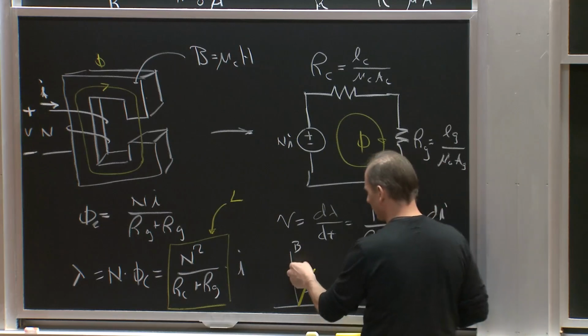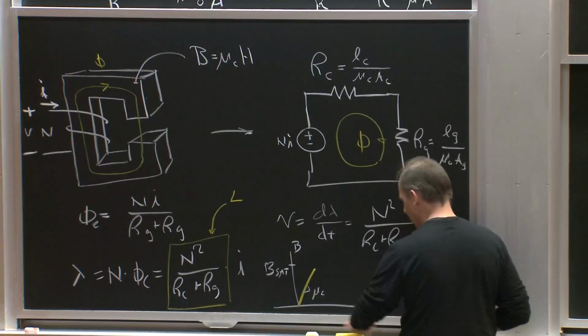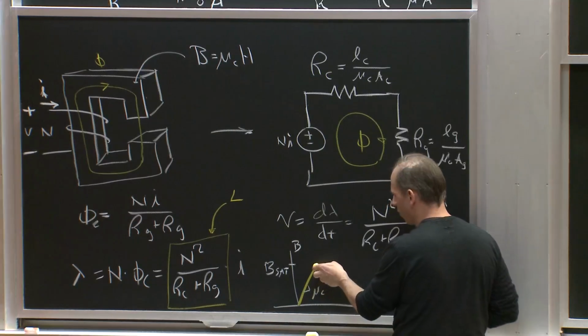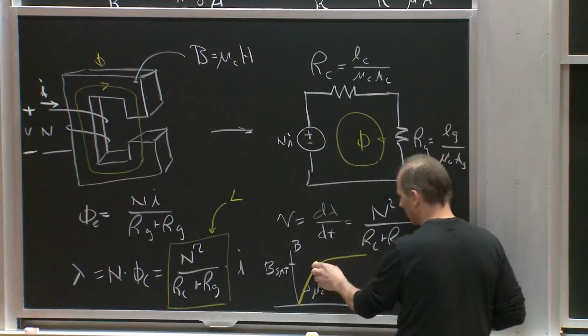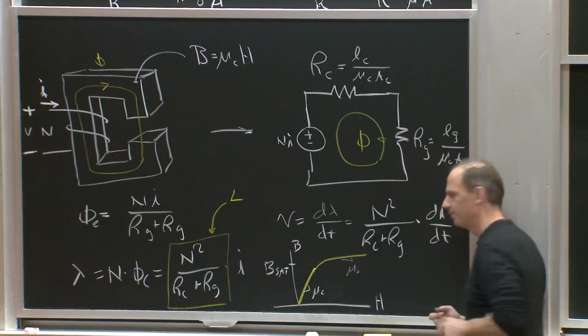Above some level that we sometimes call BSAT, or the saturation flux density, this tapers off, all the magnetic domains align, and I get something that does this. I'm simplifying a bit, but this slope would end up being mu naught.